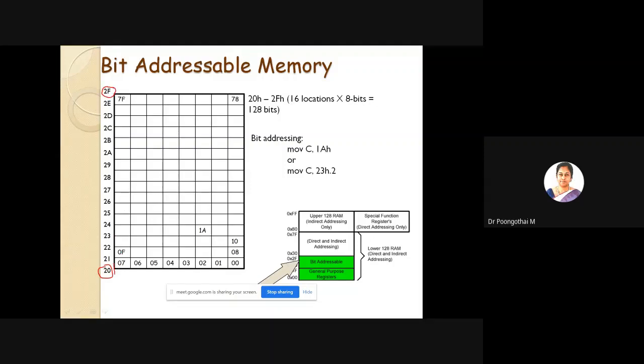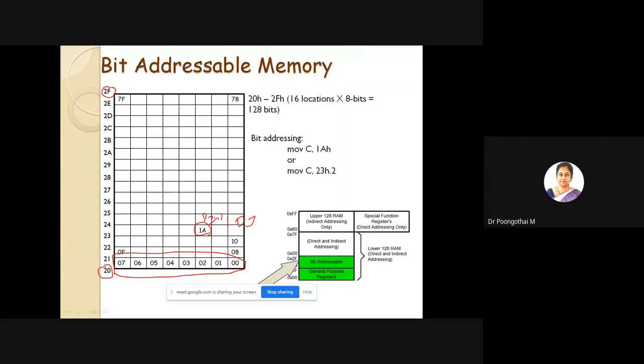For this particular slot, the internal slot address is 20. Each bit has a particular 8-bit address. For example, consider this one, 1A. So this bit is D0, D1, D2.